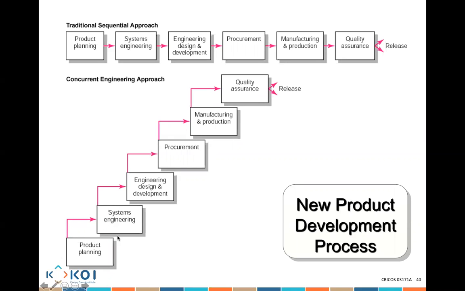We don't need to wait until product planning has finished to start system engineering. A few days after we start product planning, we can start system engineering. Why? Because you could finish the project a bit early. You can release it earlier to the client than if you are doing everything sequentially.